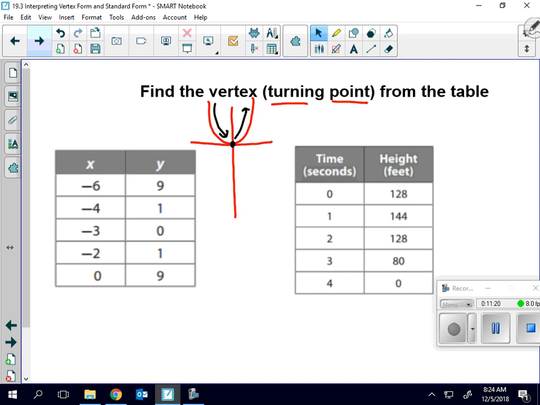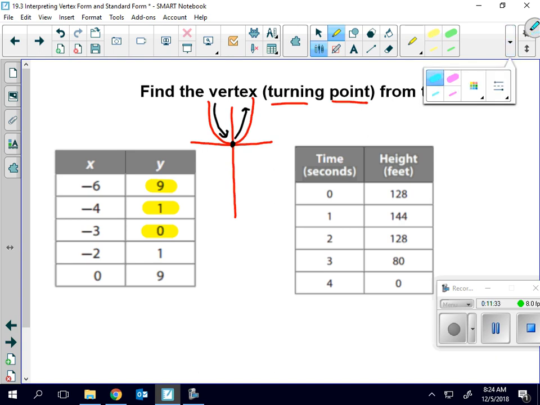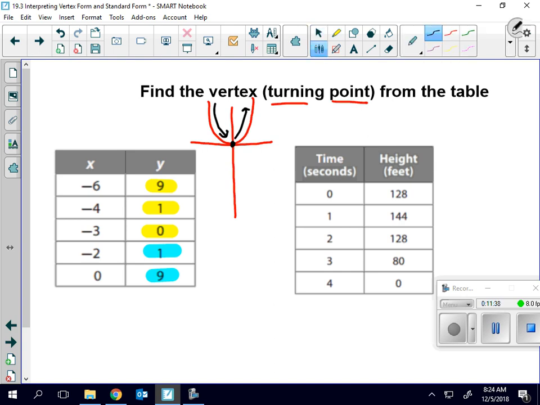So we're just looking for where the y changes direction, basically. So here we have 9 going down to 1, going down to 0, but now we're switching direction and going up. So the turning point is right here. And you can also see that it mirrors on either side, 1 and 1, 9 and 9.